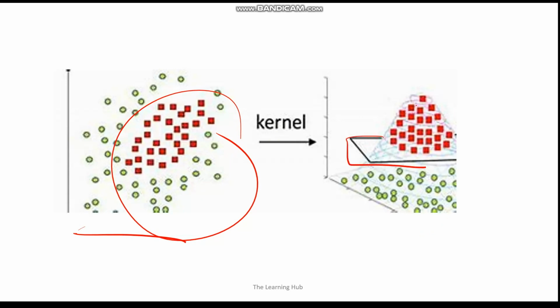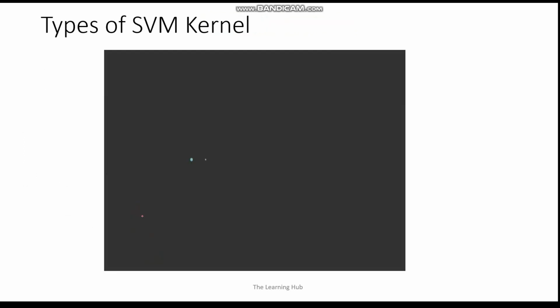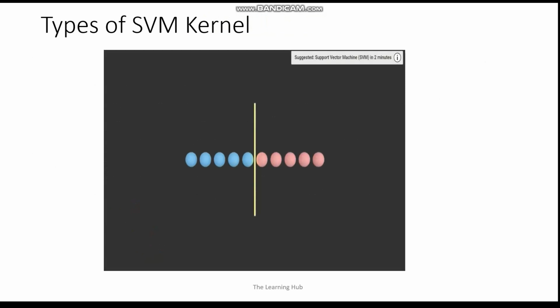We will get a model like this. This will be the diagram for non-linear separation in classification in SVM. We have various types of SVM kernels like linear, polynomial, radial basis, which are to be set on the dimensions in SVM. SVM creates a line or hyperplane to separate data points into classes.